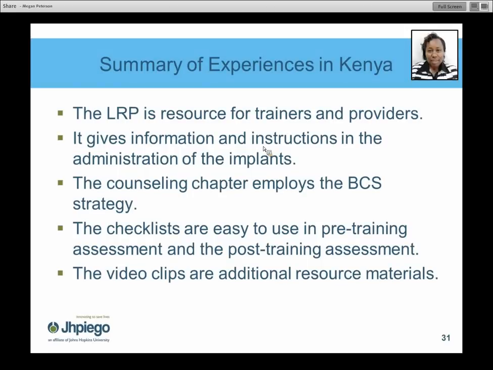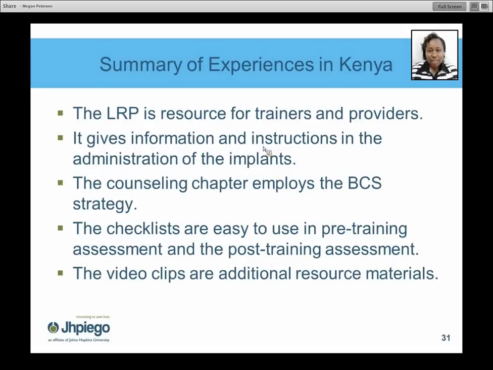It includes counseling, employing the balanced counseling strategy, which helps not to overburden the client with information, but you give targeted, comprehensive information on the method chosen, strengthening the component of counseling, which if not employed will make clients not retain the methods that they are taking.